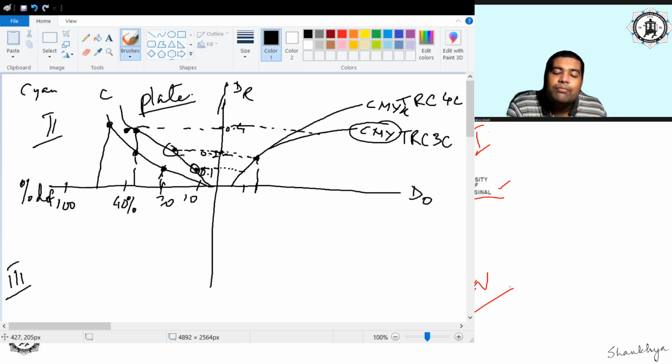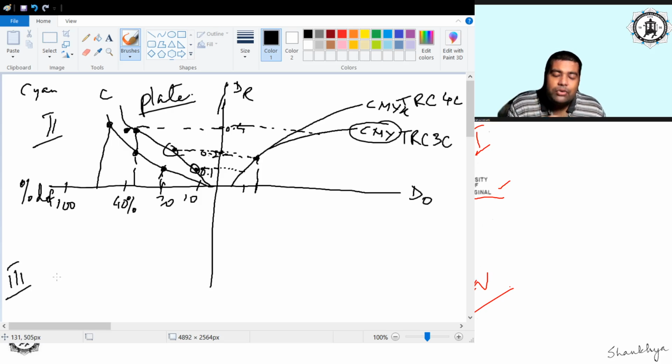Now after plotting that particular data, I have obtained this type of curves, right? These curves represent the tone reproduction curves in the plate for each of the printers, that is for cyan, magenta, yellow, etc. Now we are talking about how to do the same process for your films.